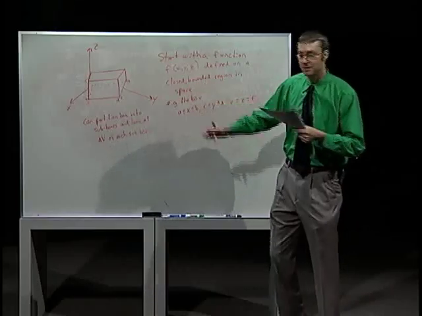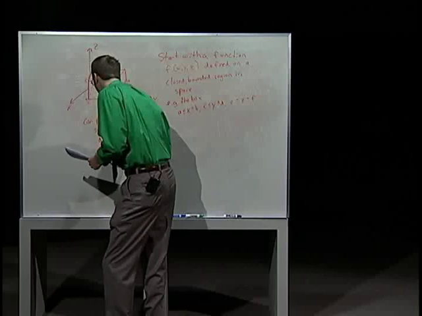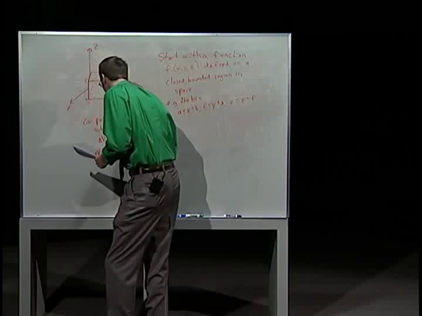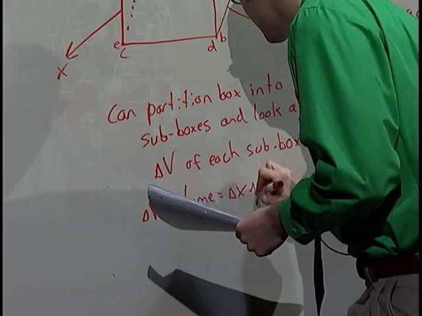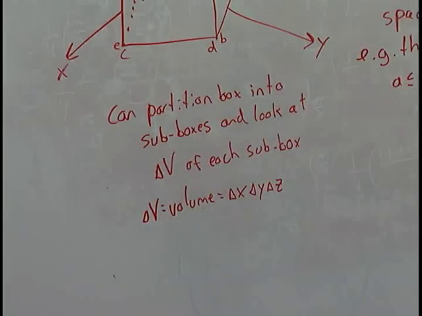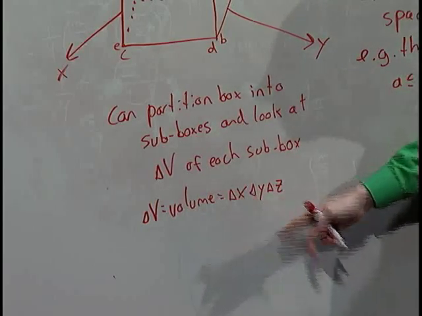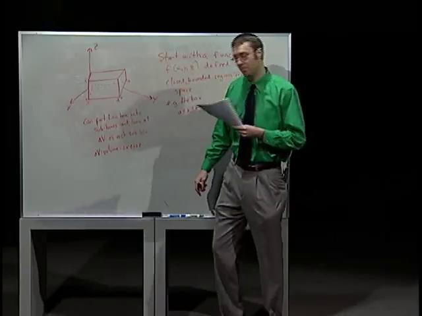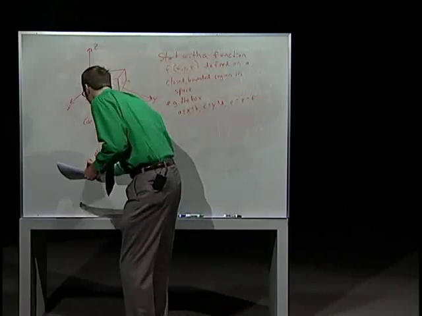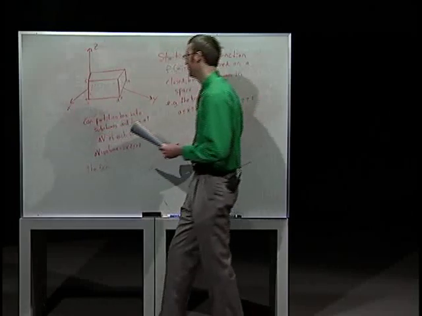Now we have delta V of each sub-box, and delta V is the volume of each sub-box, and it's delta X, delta Y, delta Z. So a change in X times a change in Y times a change in Z, just like the sub-rectangles in the plane were delta X, delta Y, okay? And I'm going to omit most of the details here, because we already went through this for the double integral case.